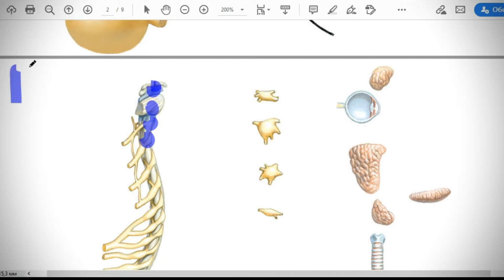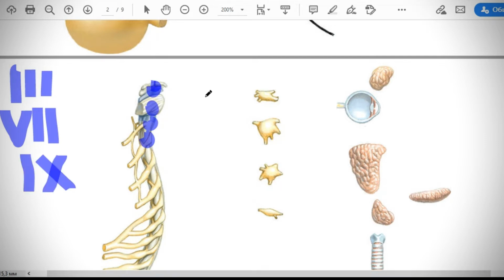The first one, nucleus accessorius nervi oculomotori, is related, as you remember, to the third cranial nerve, the oculomotorius. Next, nucleus salivatorius superior is related to the nervus facialis, the seventh cranial nerve. Nucleus salivatorius inferior is related to the nervus glossopharyngeus, the ninth cranial nerve, and nucleus dorsalis nervi vagi is related to the nervus vagus.